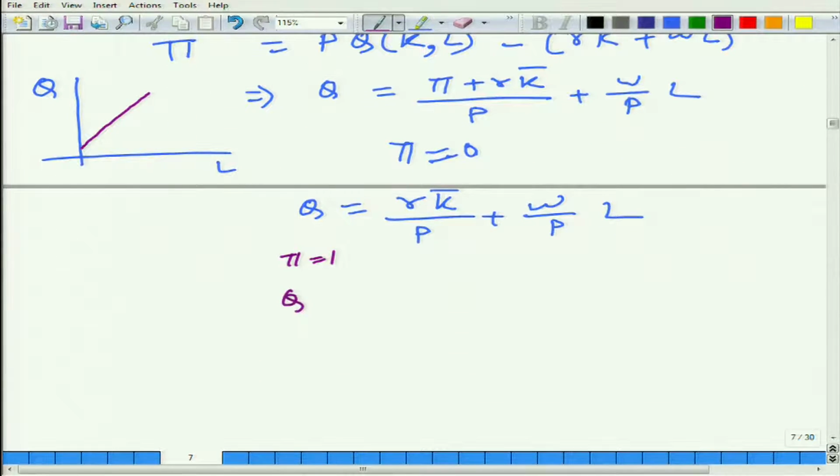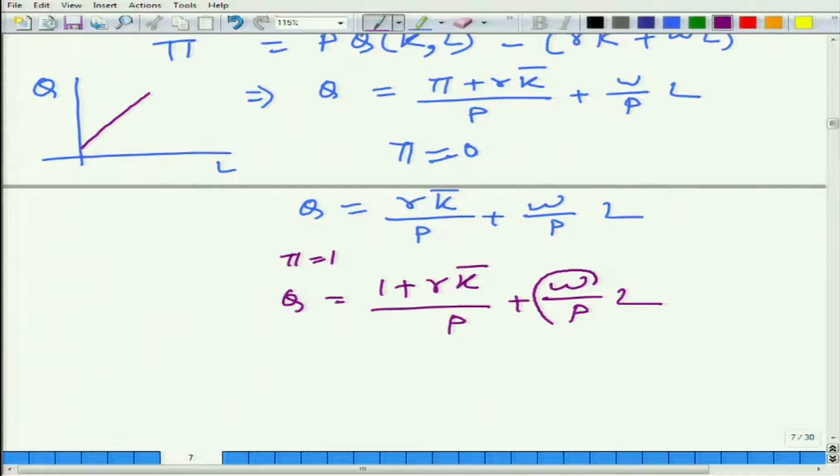Q is equal to 1 plus R K bar divided by P plus W by P times L. And what will happen? Just a parallel shift, because the slope remains the same. What does change, from this line to this line, is only the intercept. So, there is a parallel shift, and the shift is equal to 1 by P, and so similarly we get like this, and we can keep doing this.